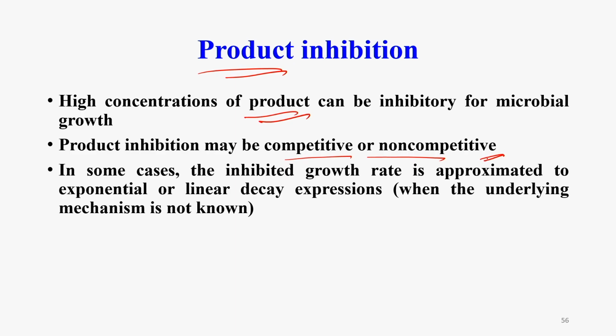In addition to this, if the mechanism is not known, then product inhibition is expressed as exponential or linear decay expressions. So, it can be competitive, non-competitive or even single exponential.